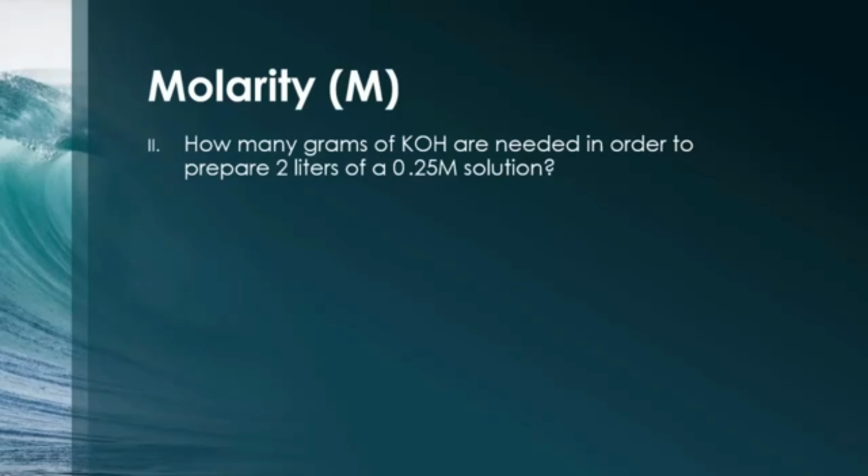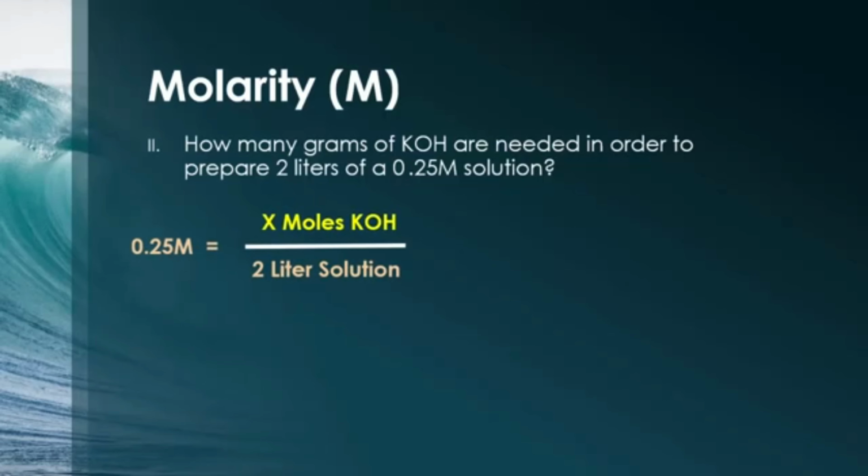Here is one more advanced problem set. Here we are looking for the grams of potassium hydroxide. You can see that we are given the liters and the concentration in molarity. Substituting into the molarity equation, we can calculate moles of potassium hydroxide. But the question is asking for grams of potassium hydroxide.